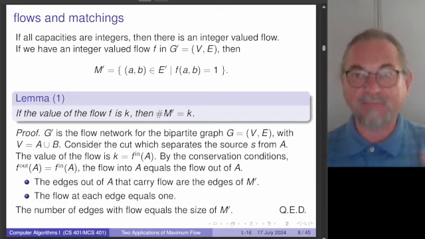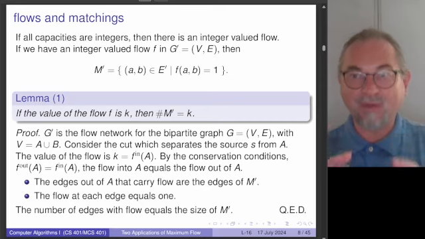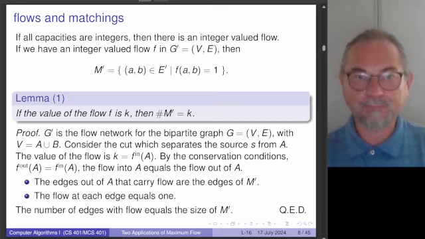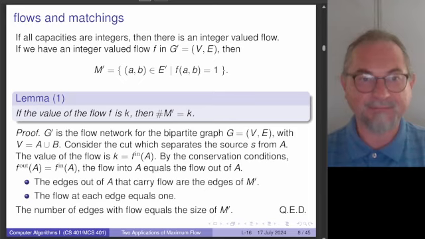If we have a flow, we select all the edges of the original graph for which the flow is 1. That is the definition of this M prime. If the value of the flow is k, then the number of elements in that matching is also k.